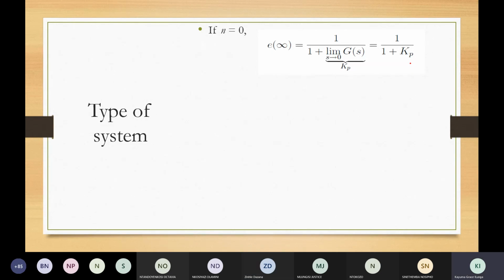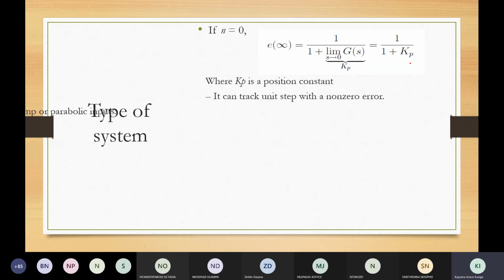Yes, sir. Okay. Then when we have Kp, what is happening? When we have Kp, we can find the error for a step input, but that error is going to be different from 0. That means n is equal to 0. But we cannot track the parabolic because it is equal to infinite.